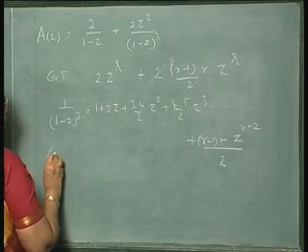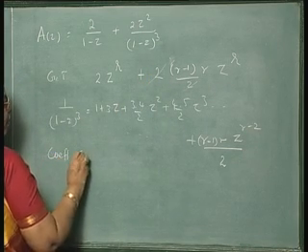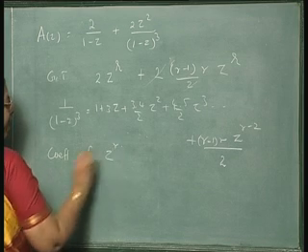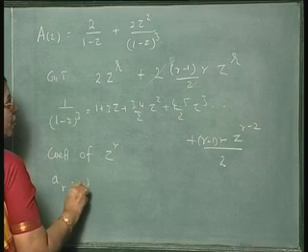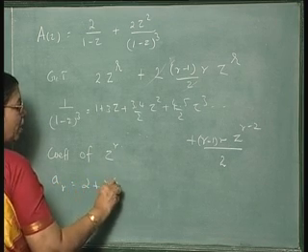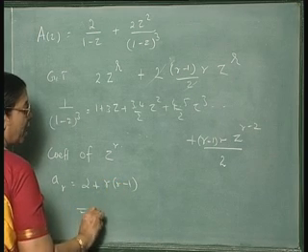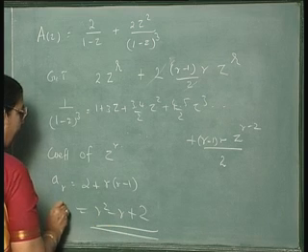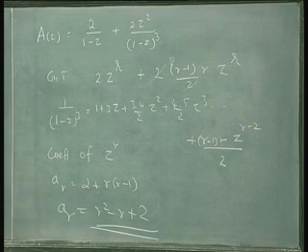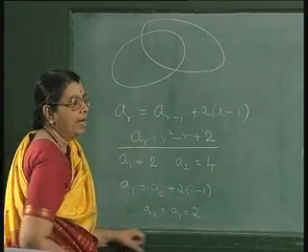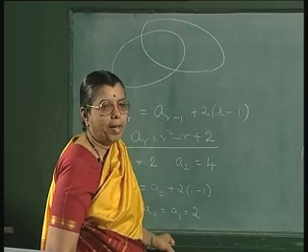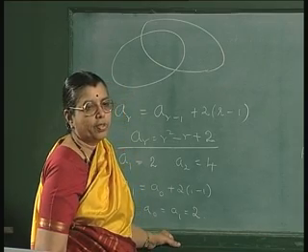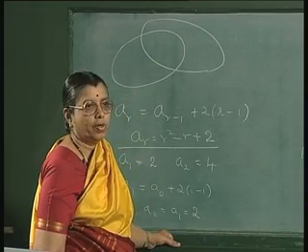So, the coefficient of z power r, that is a_r, is given by 2 plus r into (r minus 1), which is r squared minus r plus 2. So, the expression for a_r is r squared minus r plus 2, which is the same as we got in the last lecture by making use of homogeneous solutions and particular solutions.